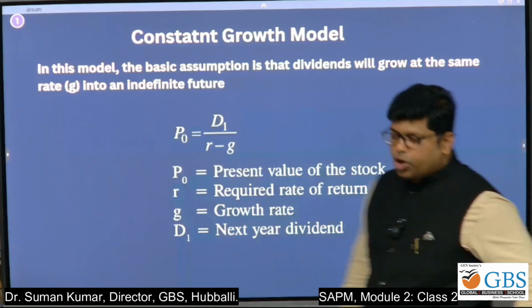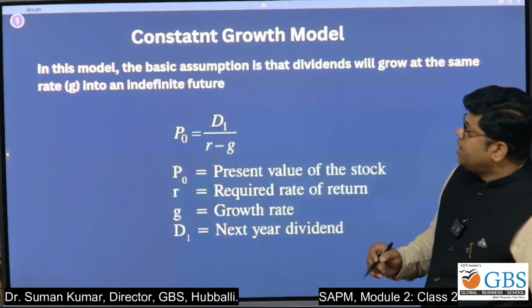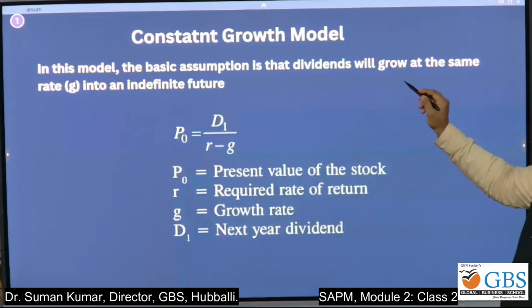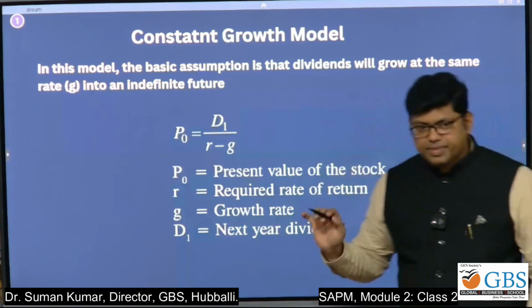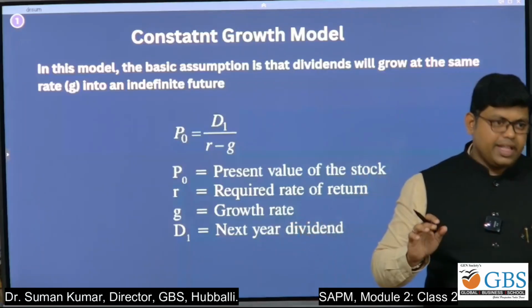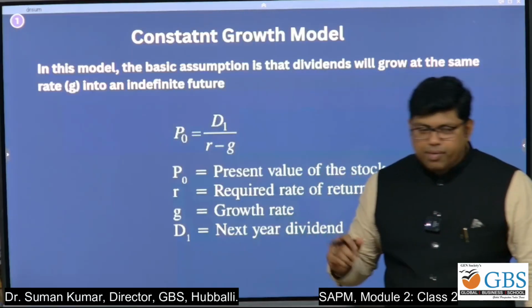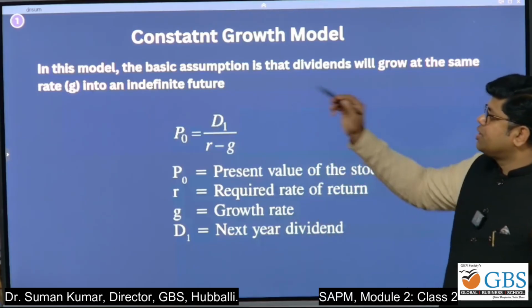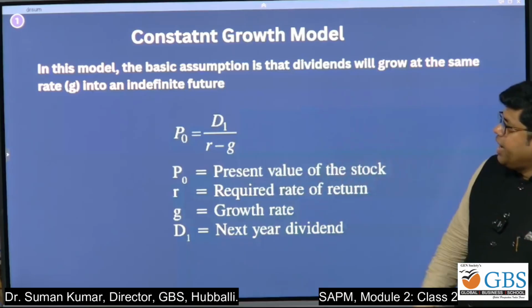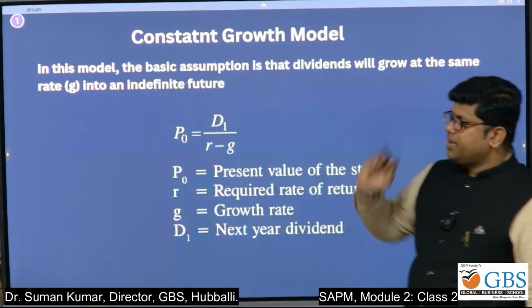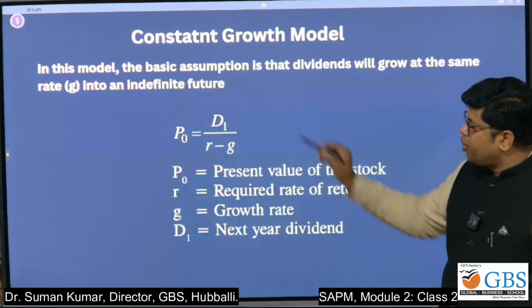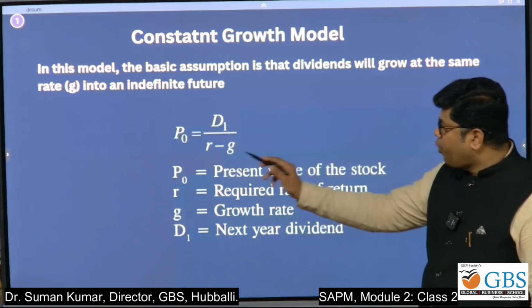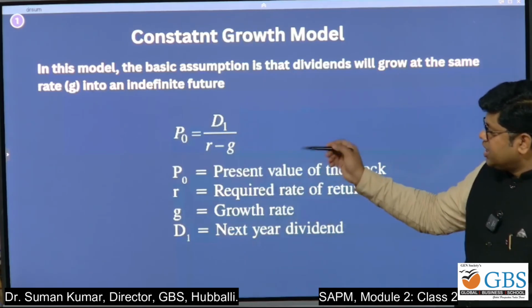So constant growth model: the basic assumption in this model is that dividend will grow at the same rate. If you come across any case or problem where they say a dividend is growing at the same rate into an indefinite future, then you use this formula or model: P naught is equal to D1, the next year dividend, divided by required rate of return minus growth rate.